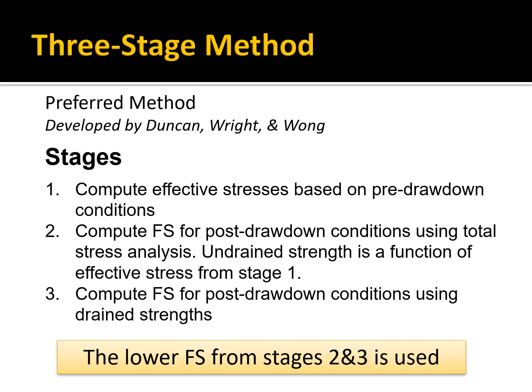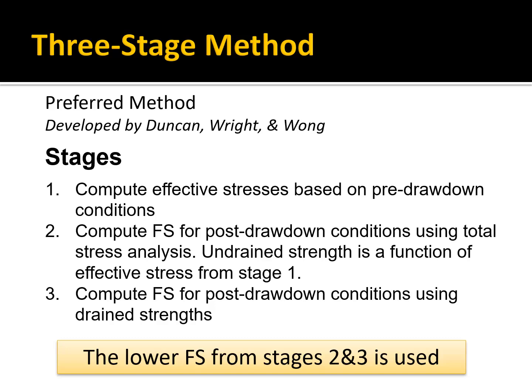So basically, undrained strengths are still a function of the effective stress during the consolidation stage. And that's why we use the effective stress at the consolidation stage, in this case the pre-drawdown or full pool conditions.